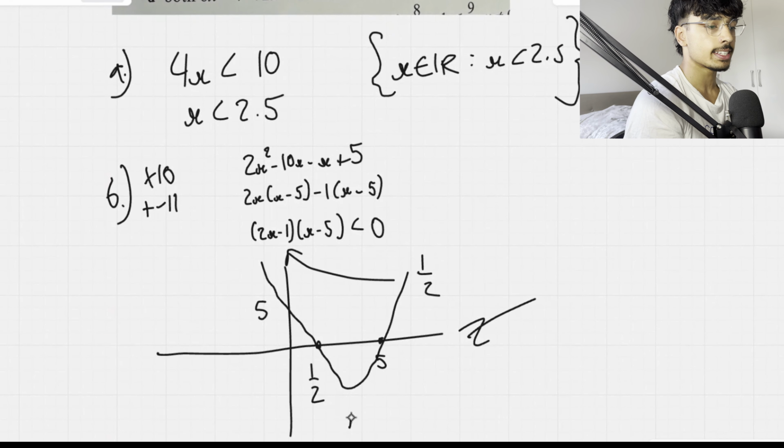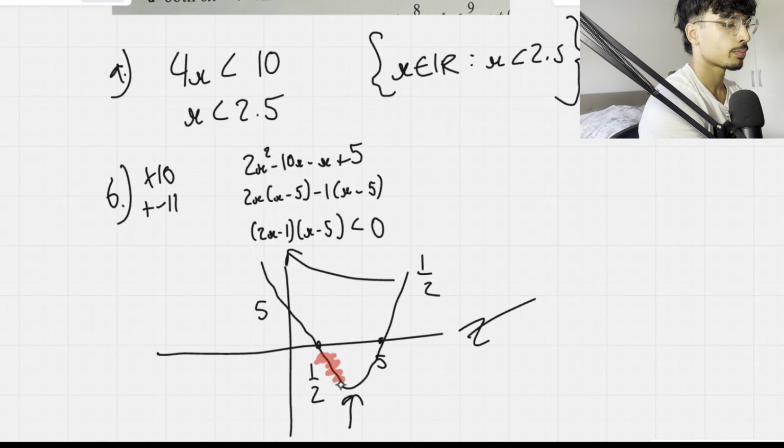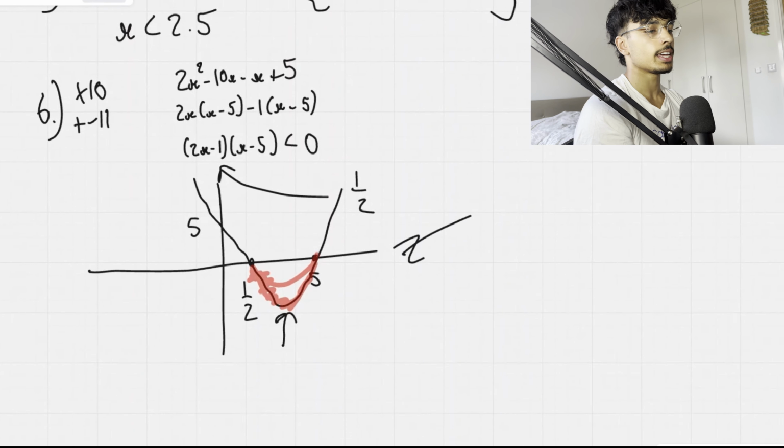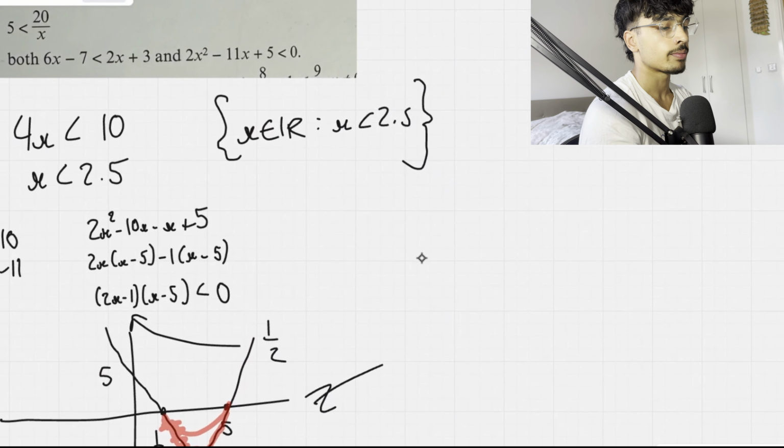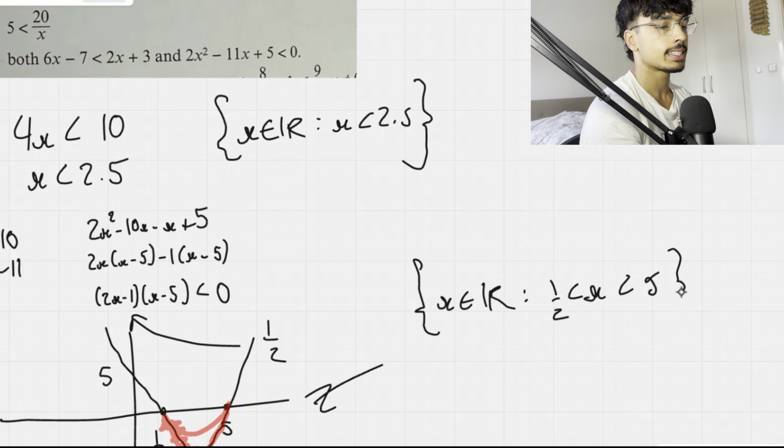Now, if we want it to be less than 0, that means that we need this little section over here. I'm going to highlight it. That's the section we need. So essentially, that means that our x value needs to be greater than a half and less than 5. So when we write it in set notation, it'll be x is an element of the real numbers where x is greater than a half and less than 5.